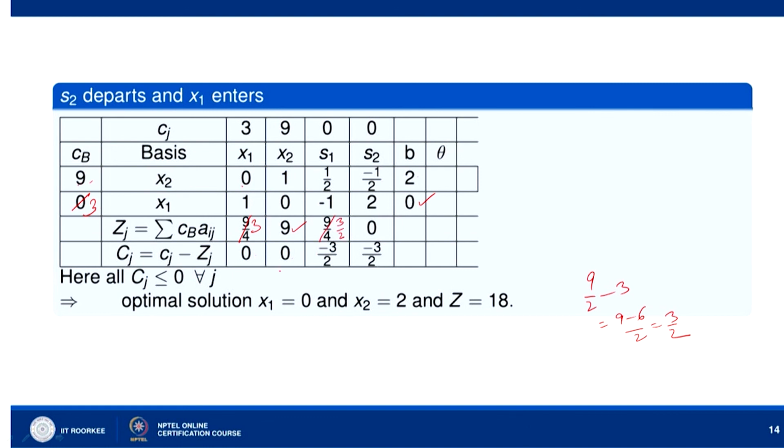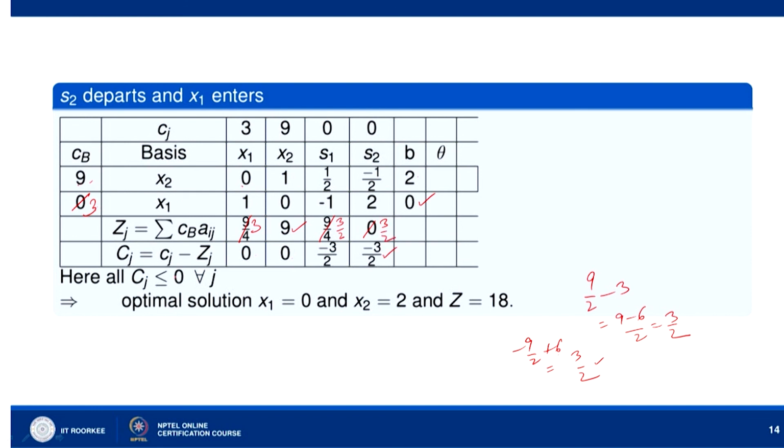Then 9 into minus half is minus 9 by 2, 3 into 2 is 6, so minus 9 by 2 plus 6 gives 3 by 2. So 0 minus 3 by 2 is minus 3 by 2.